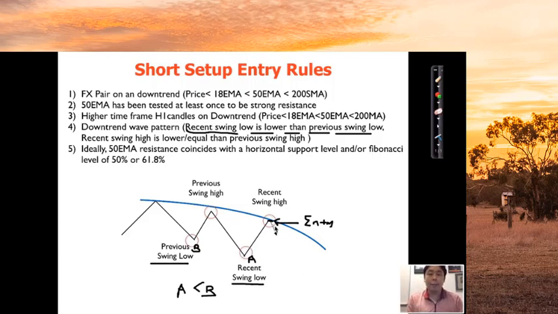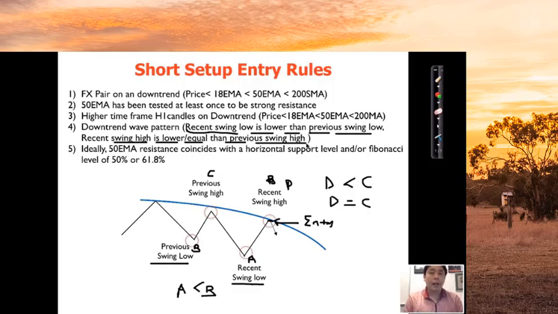So the recent swing high must be lower than the previous swing high, so lower highs. If you call this C, and you call this D, for example, D has to be lower than or equal to C. But D cannot be higher than C, very important. So the swing high is lower or equal to the previous swing high.